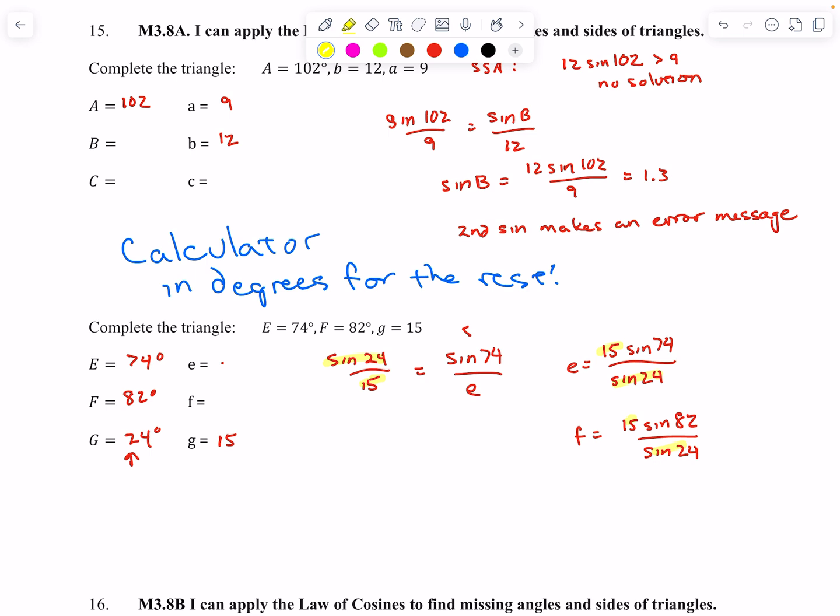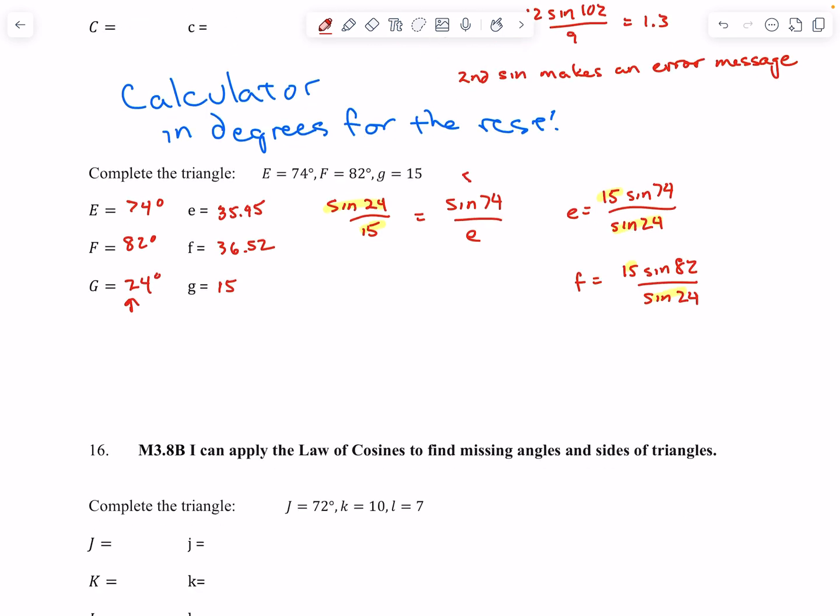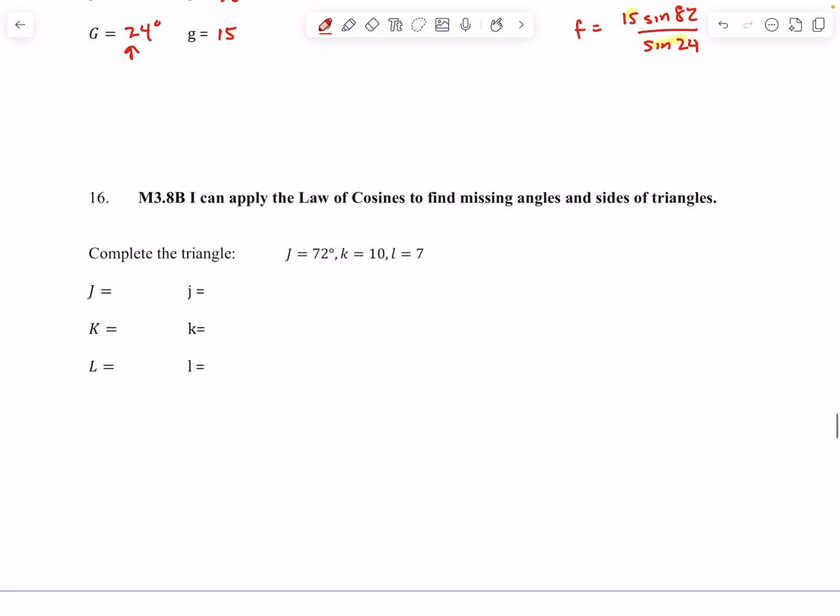You're just switching out which is angle E and angle F. So the 2 answers, I actually did calculate this one. There we go. All right, next.